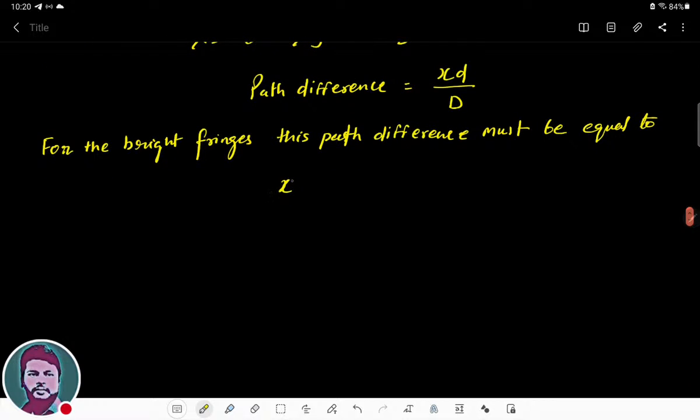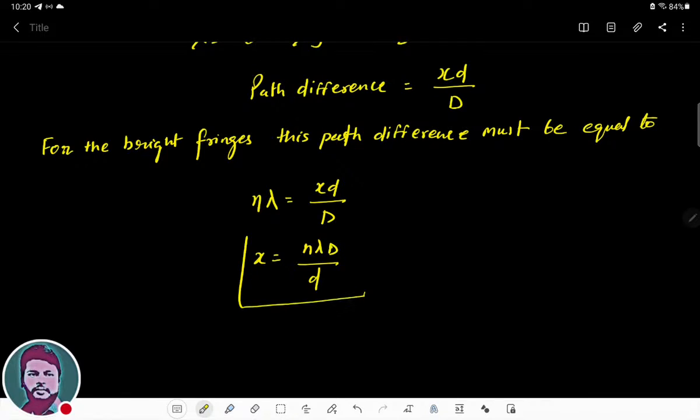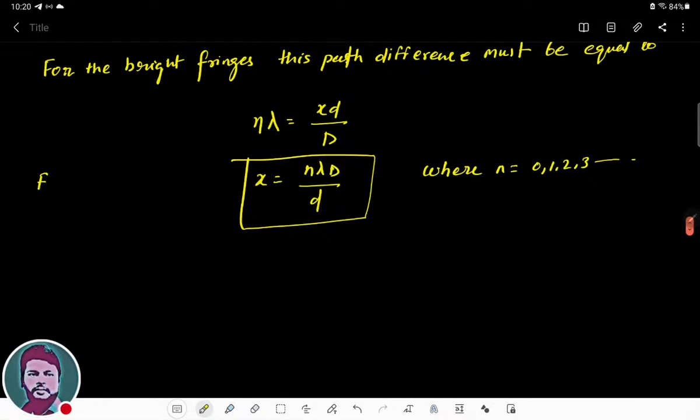So n lambda must be equal to xd over d. If this is so, then we get the bright fringes. So what is the value of x? That is n lambda d over d, where n is equal to 0, 1, 2, 3 and so on.